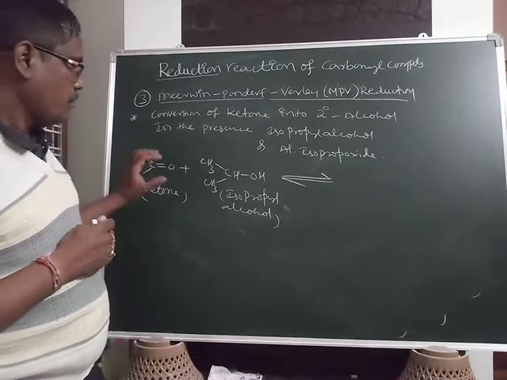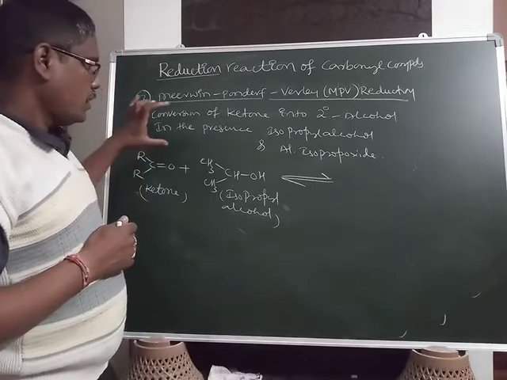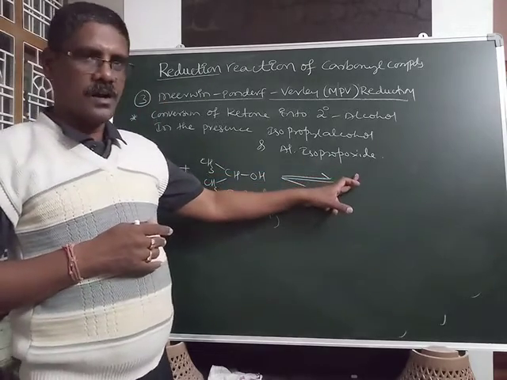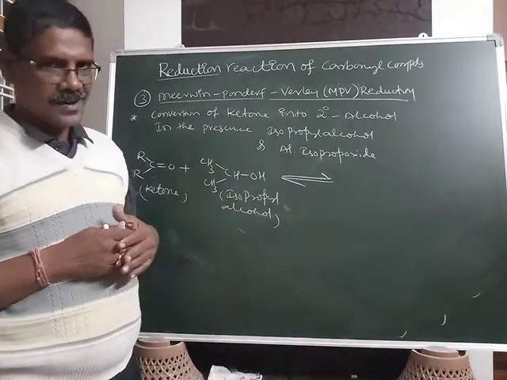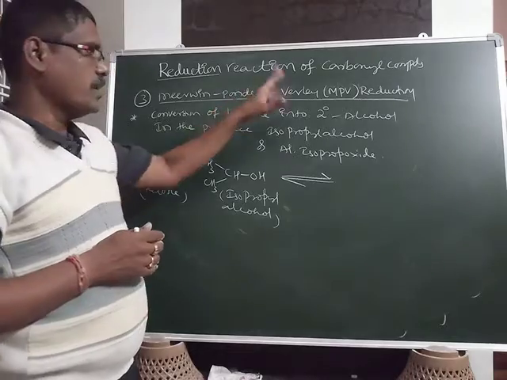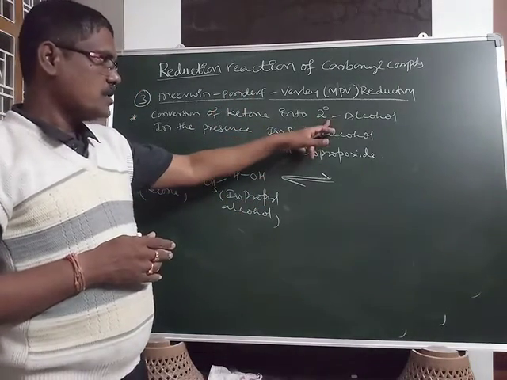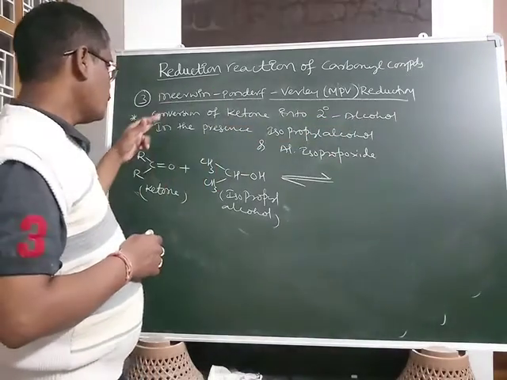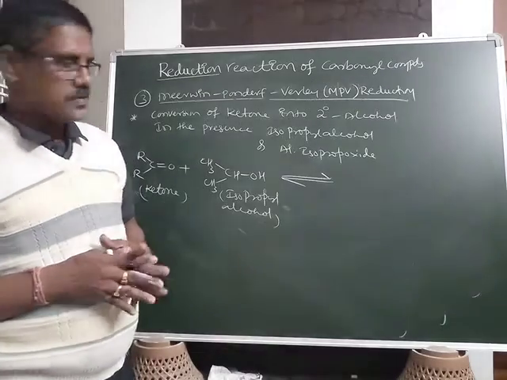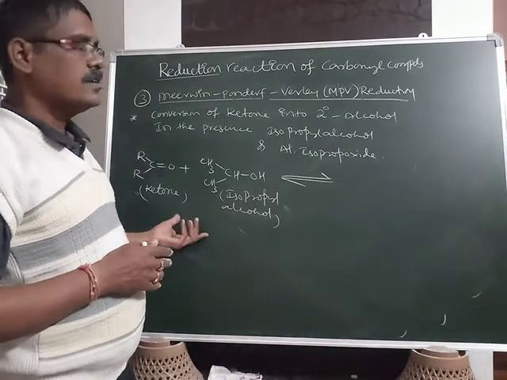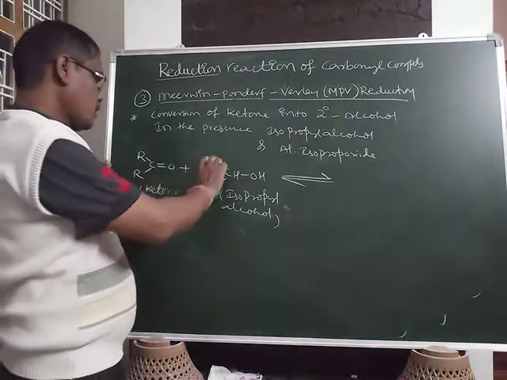Anyway, again you remember the forward reaction. That means ketone reduces into the secondary alcohol in the presence of aluminum isopropoxide and isopropyl alcohol, called the Meerwein-Ponndorf-Verley reaction. The back one is the oxidation of secondary alcohol into the ketone in the presence of aluminum isopropoxide, called Oppenauer oxidation. Anyway, this is only exchange.